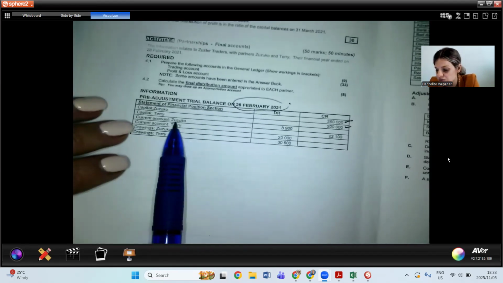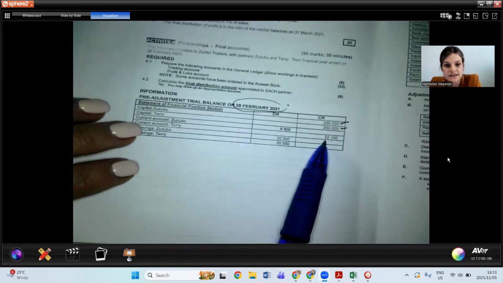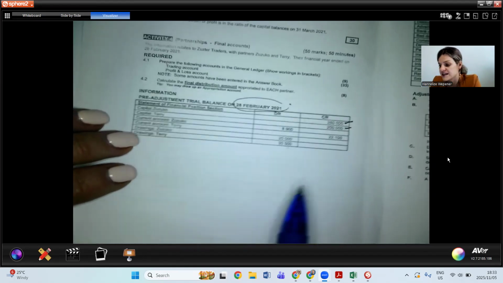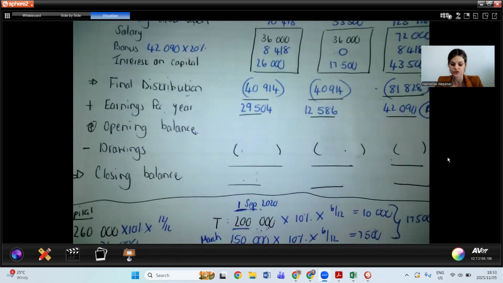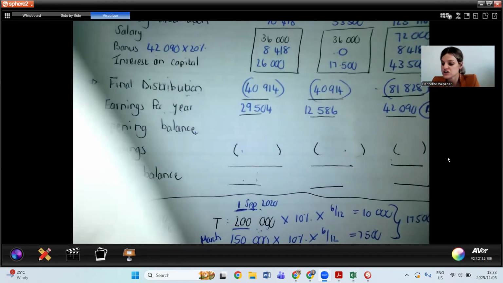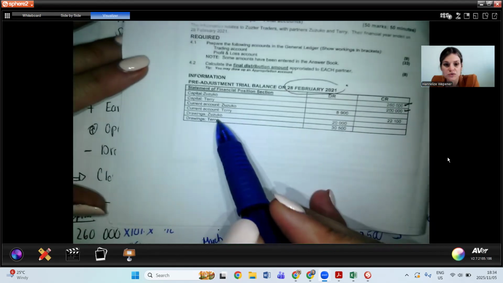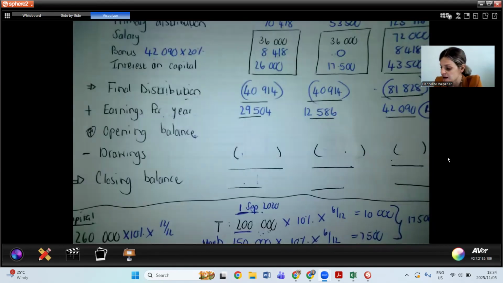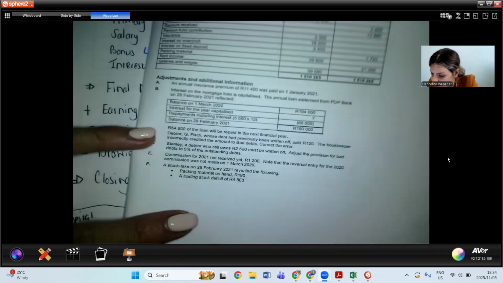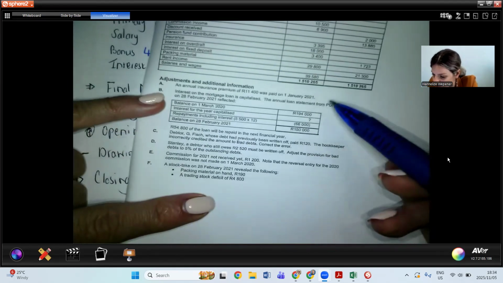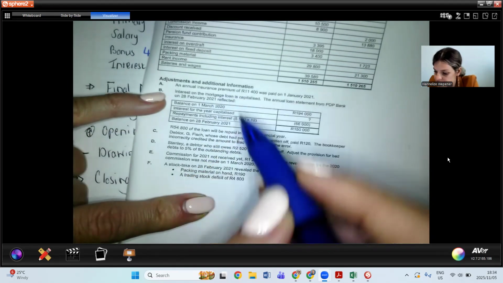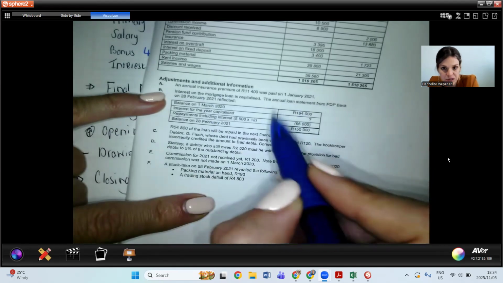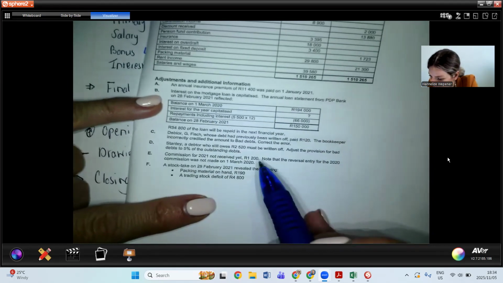So we just have to assume that these are the opening balances before taking into account the distributions for the year. And then the drawings, they also didn't say anything. So we just have to assume that the drawings, those are also final amounts, because let's just double check that we didn't have any drawings here. There's insurance, there's a loan, nothing about partners withdrawing anything.